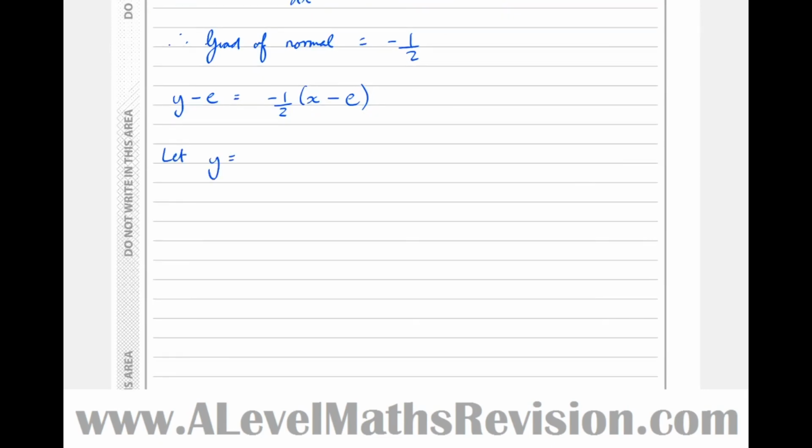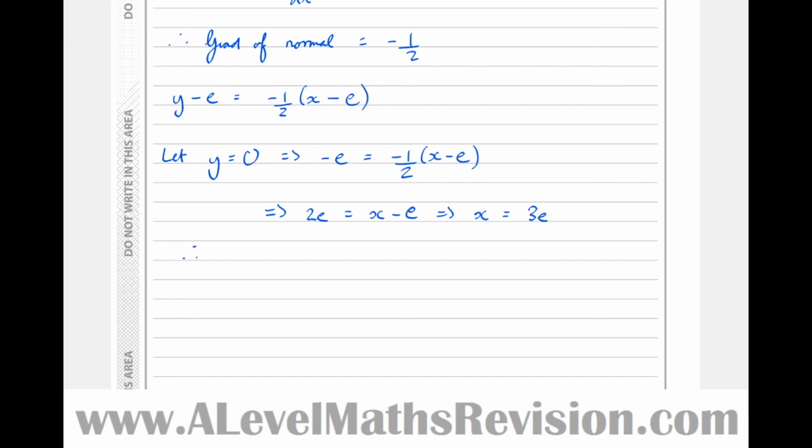Let y equal 0, which means that minus e equals minus 1/2 times x minus e. Let's times both sides by minus 2, which gives 2e equals x minus e, which means that x equals 3e.